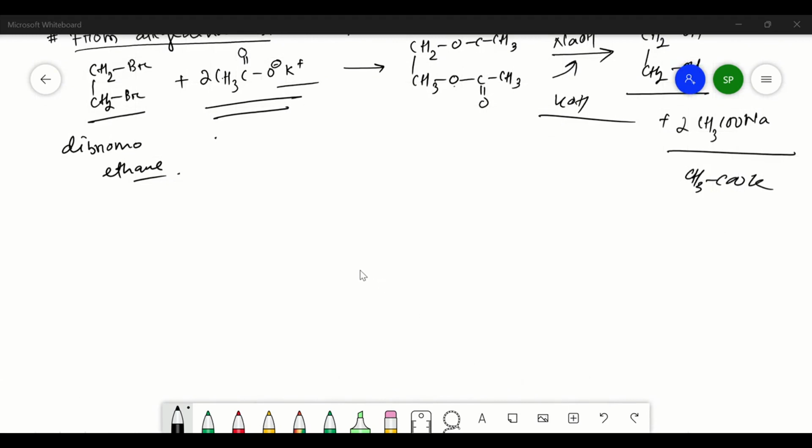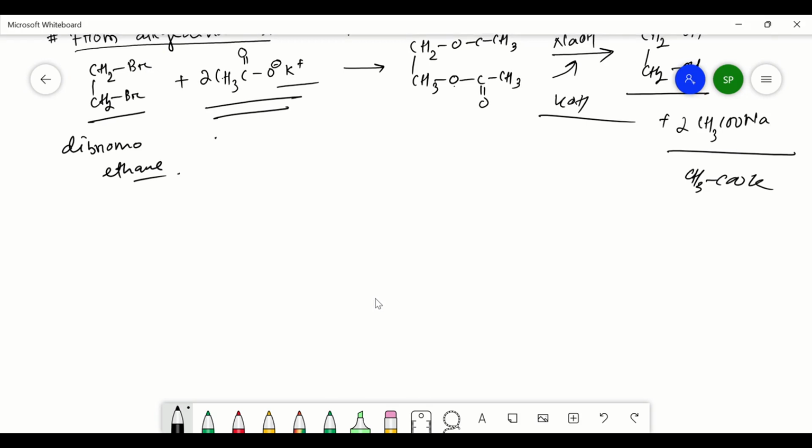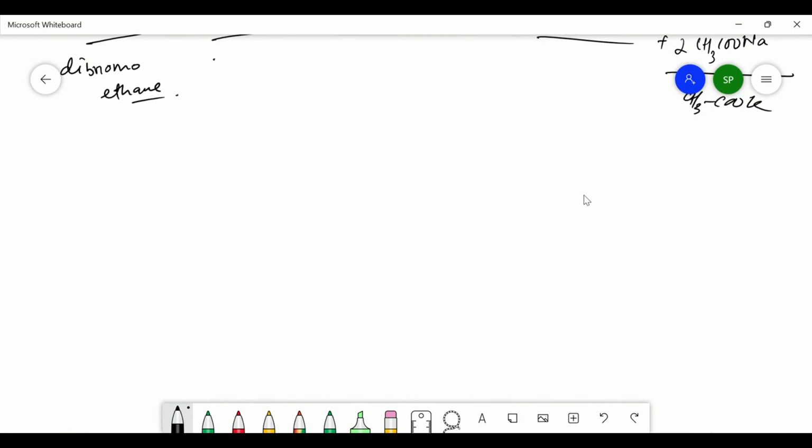So now the preparation part is finished, I hope. Next we will see the reactions of diols with different compounds. The reactions are similar to those of alcohols. Like if we react methanol, CH3OH, with sodium, this will produce sodium methoxide plus half H2.